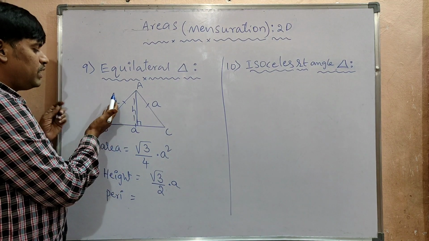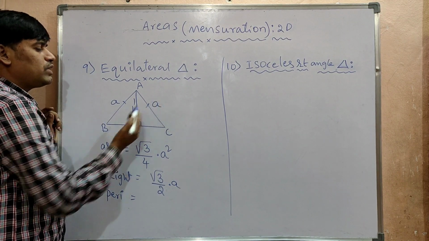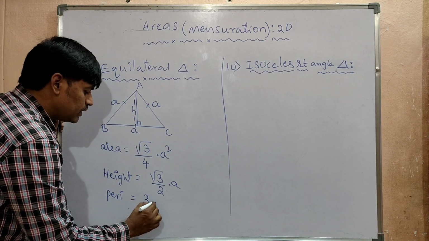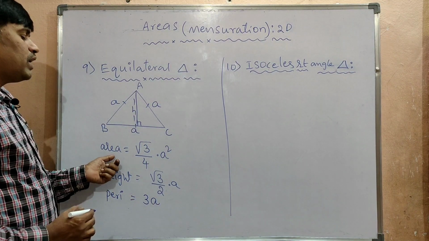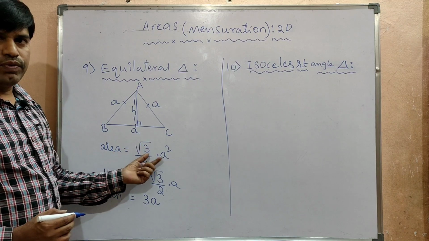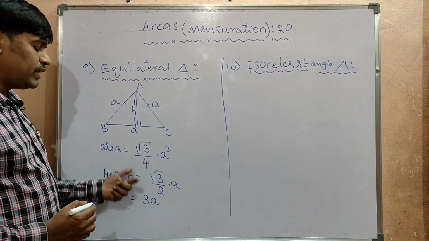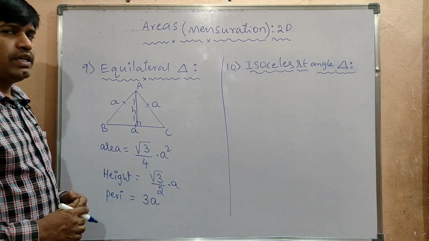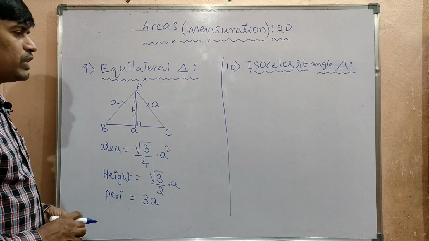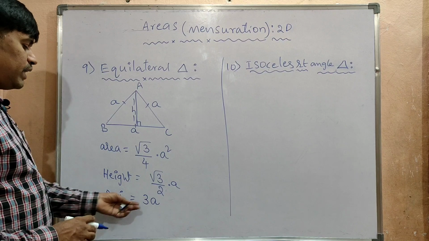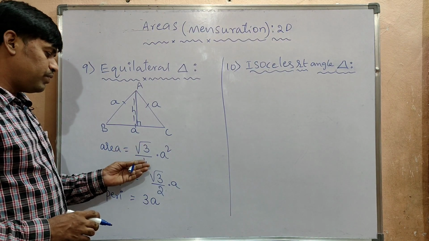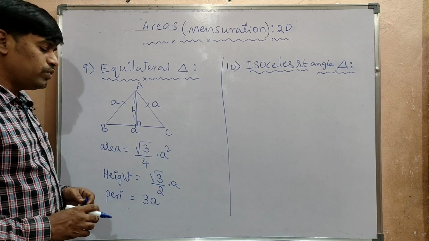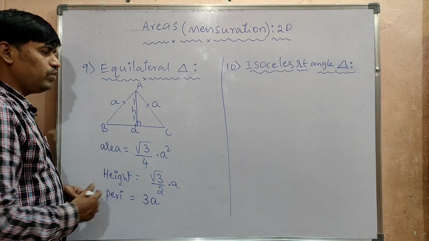Here a plus a plus a is equal to 3a. So the area is root 3 by 4 a square, the height is root 3 by 2 into a, and the perimeter is 3 into side, where a means the side.